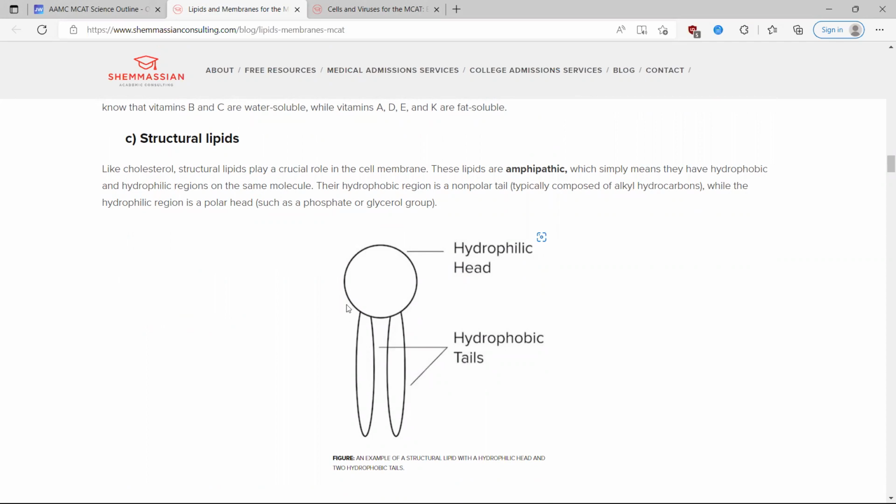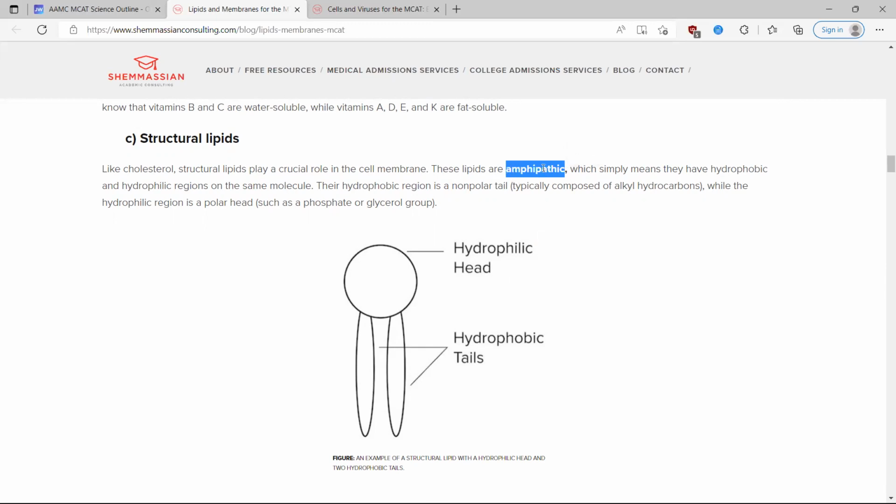However, there are some lipids that also have hydrophilic parts to them. Remember, hydrophobic means that they are not interacting well with the water. Hydrophilic means they are interacting well with the water. They like to be with the water. That's called amphipathic. You might have heard of ambidextrous, meaning you can write with both hands.